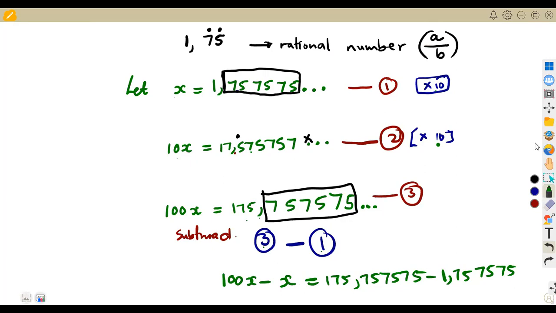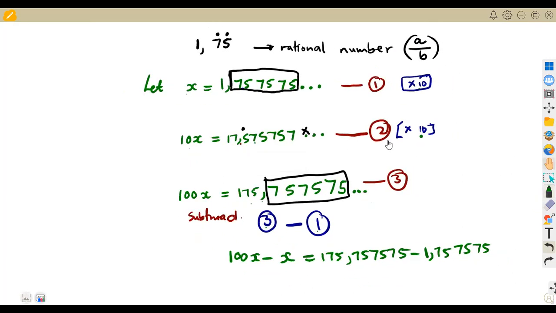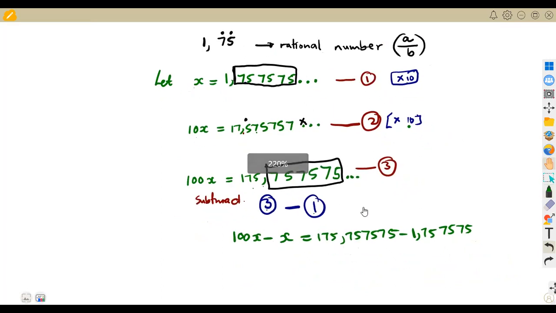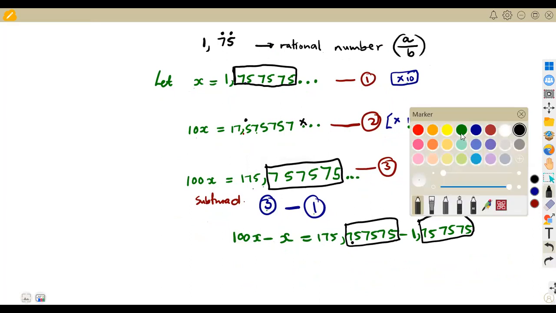That is the advantage of maintaining the number of digits after the comma being equal. It gives you the assurance that when you subtract, you are simply going to cancel everything because they are the same, and we also have the same number of digits after the comma. So those ones do cancel.